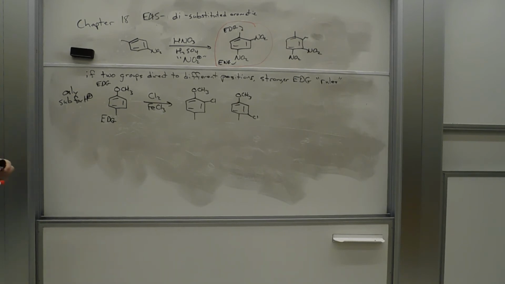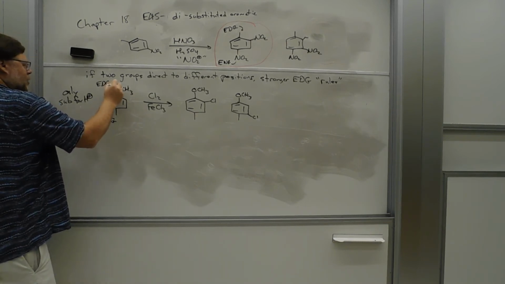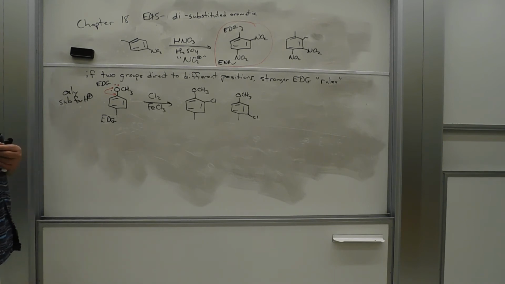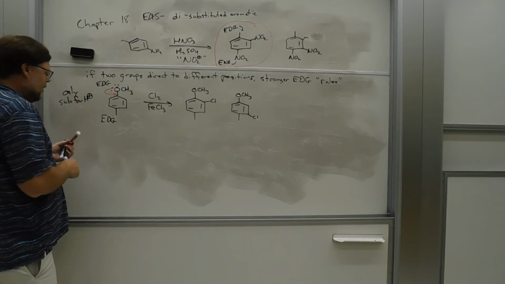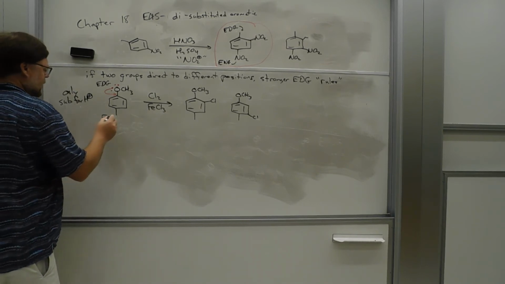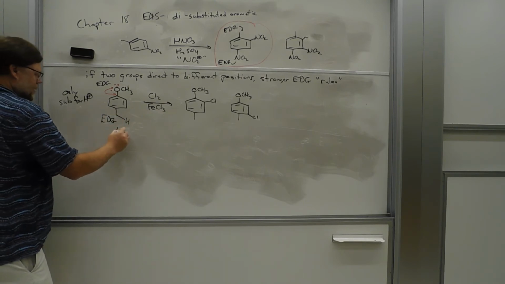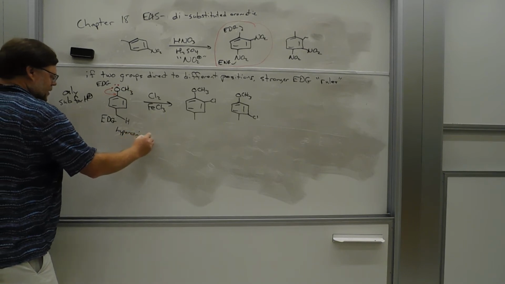Well, the answer is the methoxy has lone pairs. Even though you think oxygen's more electronegative, it's got a full lone pair it can donate to the ring. If you think about why a methyl group is donating, it's hyperconjugation. Some of you will have heard of this, some of you won't. You can look it up if you want.